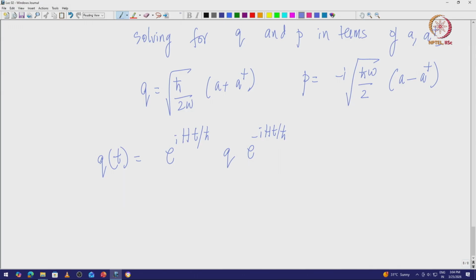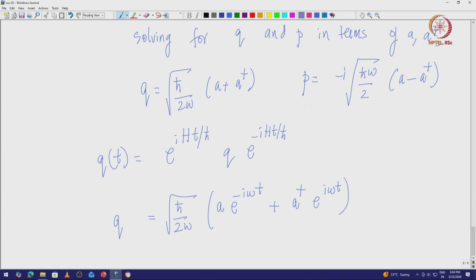This is equal to root of h cross by 2 omega, A e power minus i omega t plus A dagger e power i omega t.